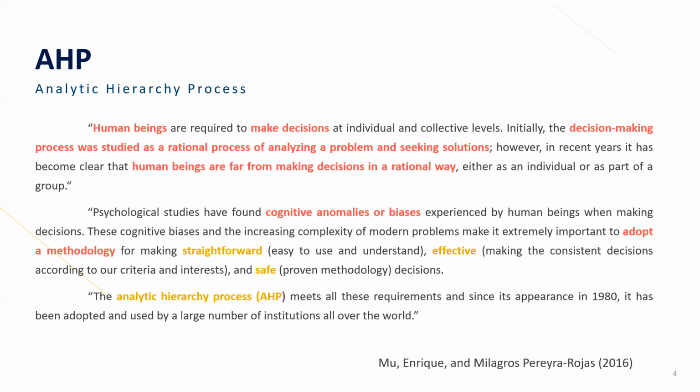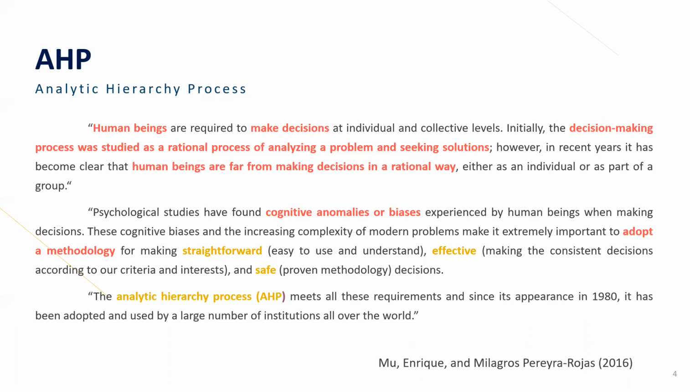Okay, but somehow several studies report that sometimes when human beings make decisions, many biases might be involved. This bias from psychological studies is known as cognitive anomalies, or for simplicity we can say bias.